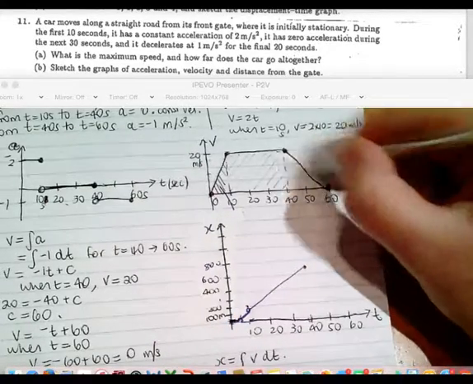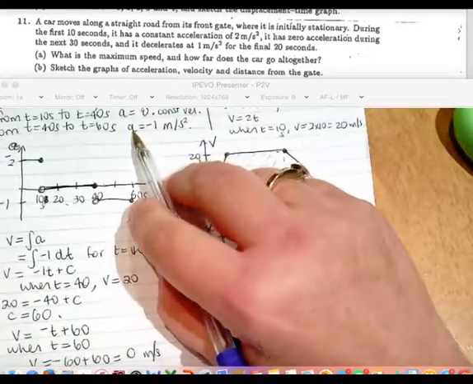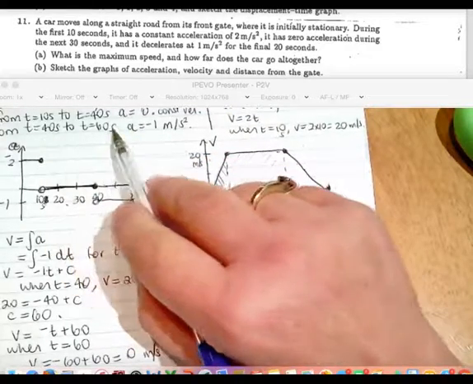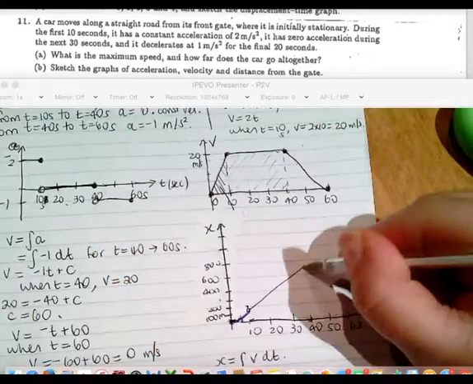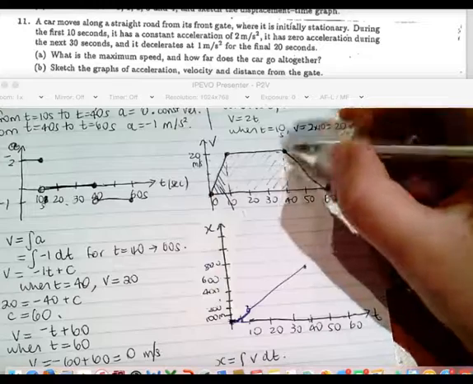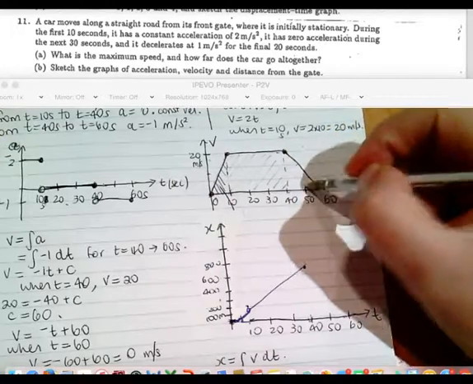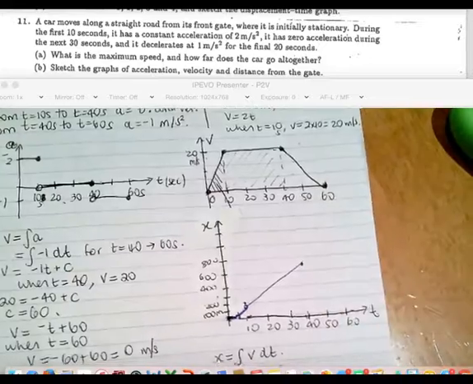Now we know here the acceleration is negative because we were told in the question from time equals 40 seconds to 60 seconds, the acceleration was negative. So this will be a concave down curve. If we integrate under the velocity curve there, we get the distance travelled again.